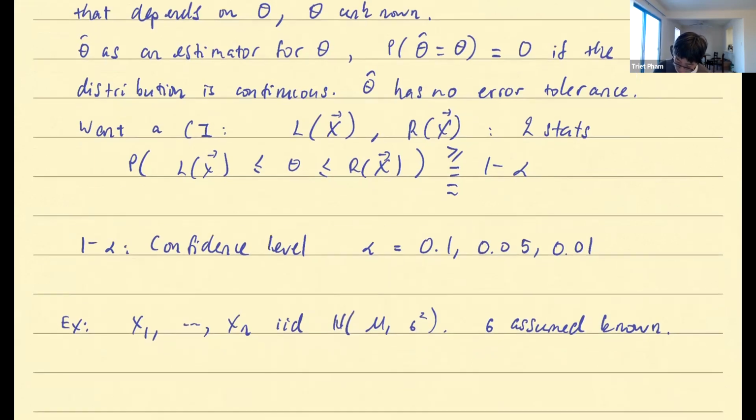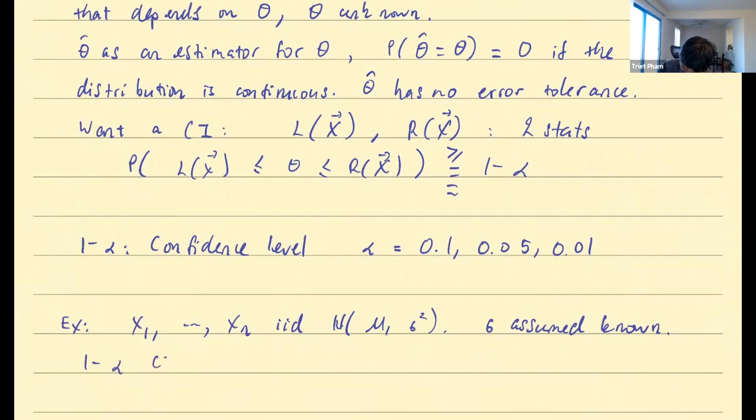All right, then we claim that a 1 minus alpha confidence interval for mu would be x bar plus minus z alpha over 2 sigma over root n. Okay.